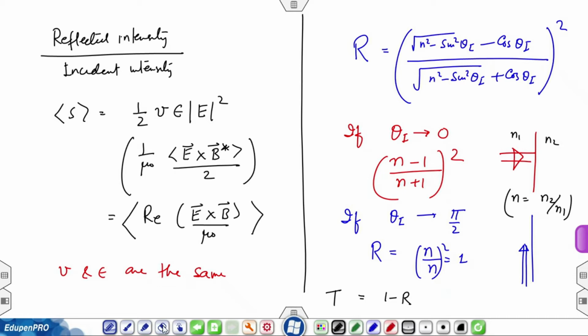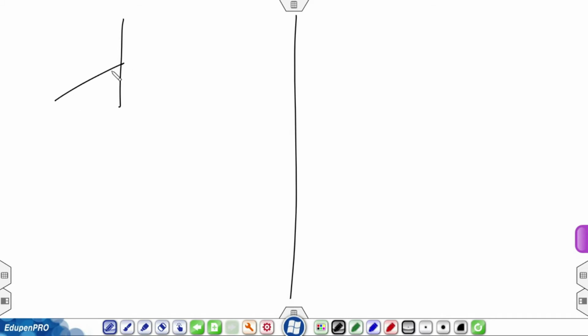So, let me just indicate how you would do it. When this wave is coming in, it is getting reflected and it is also getting transmitted.